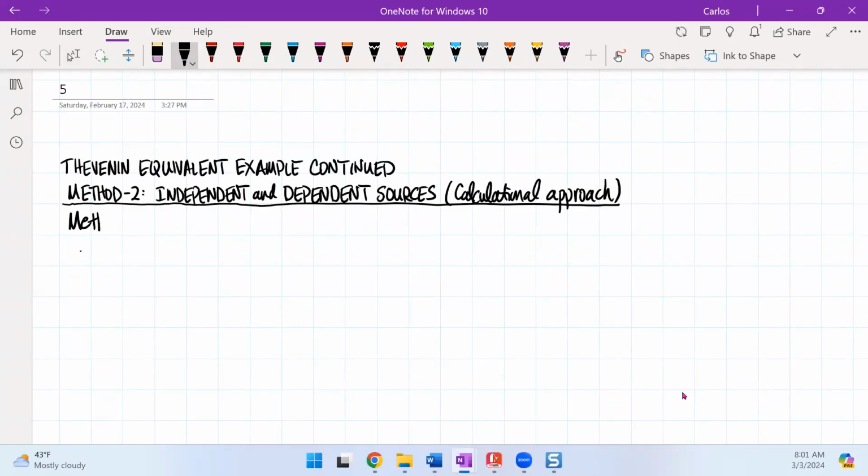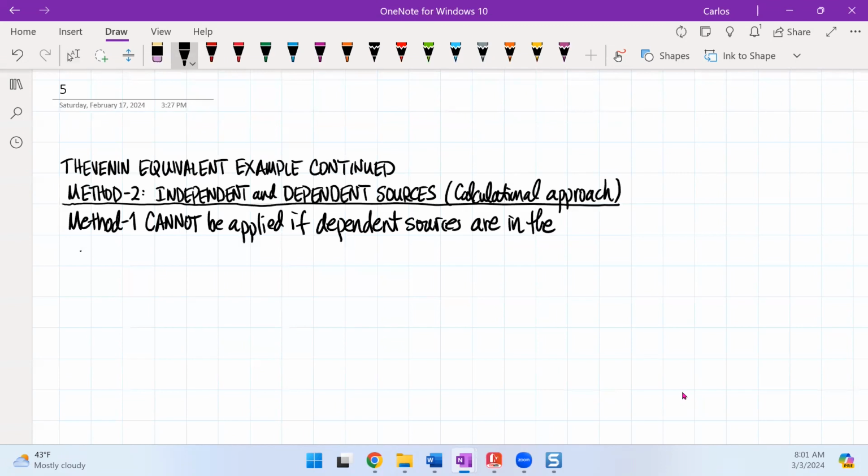Method 1 cannot be applied if dependent sources are in the subcircuit. Only method 2 is applicable.